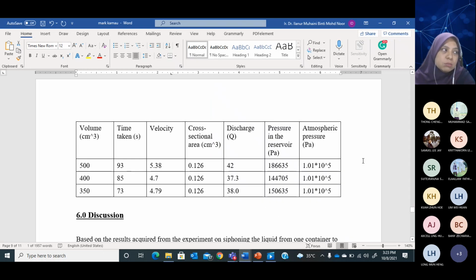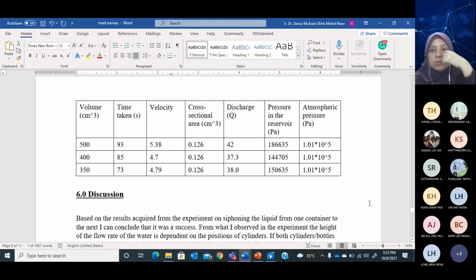Next, the table: volume, time, velocity, cross-sectional area, discharge. The minimum word limit, just now 2,000, right?